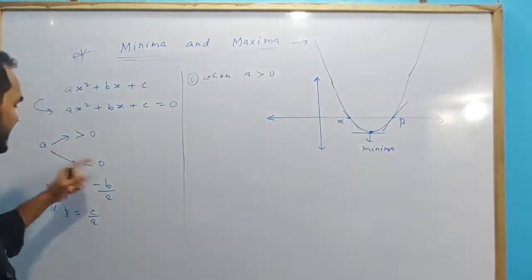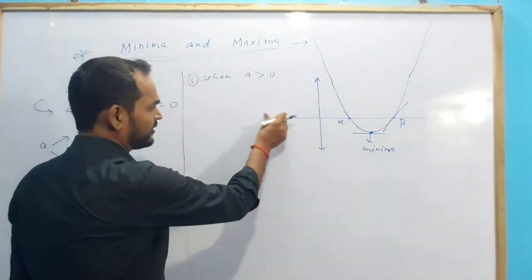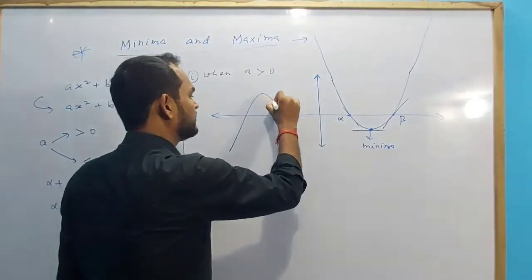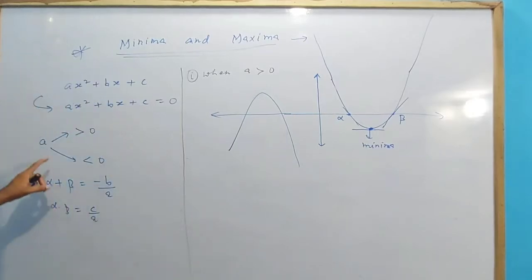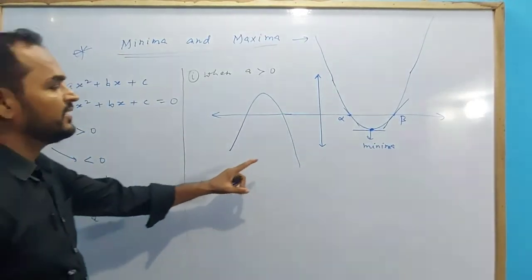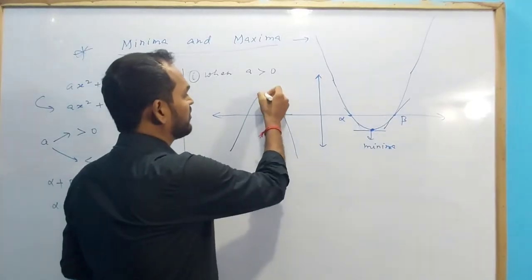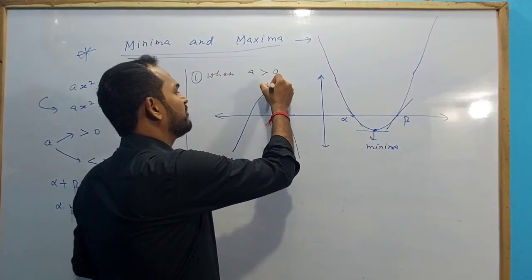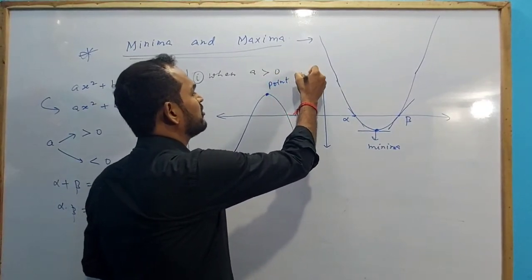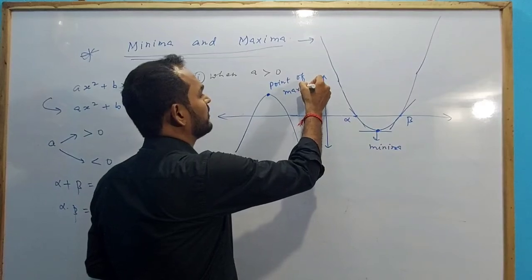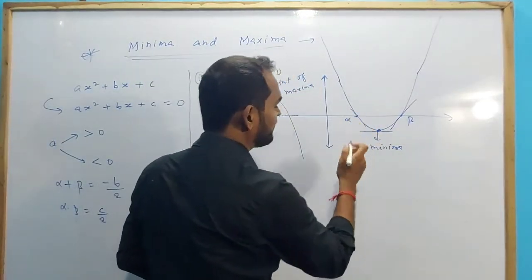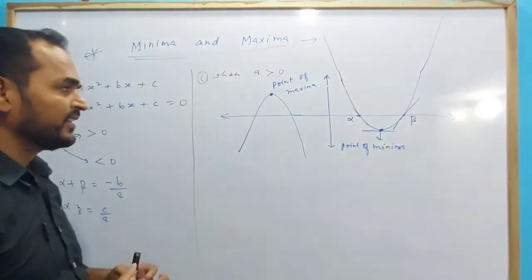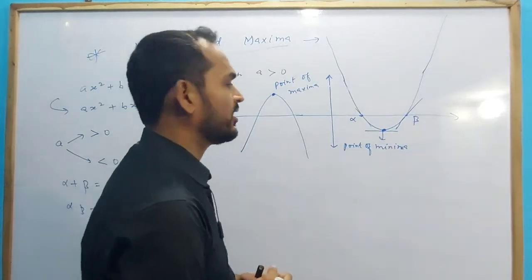Here I also want to depict the second case on the same graph: when a is less than 0, this will be a downward parabola, and the midpoint here will be the point of maxima. And here it is the point of minima. Just keep it in mind, it is very easy to find.